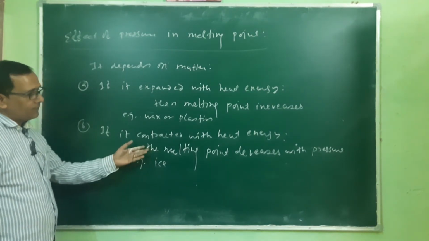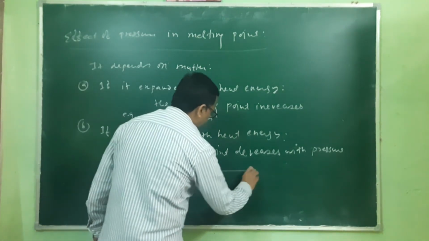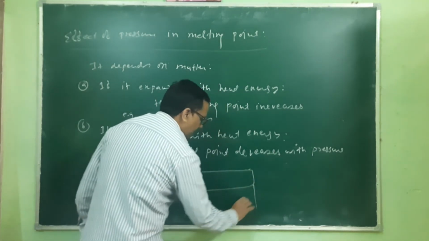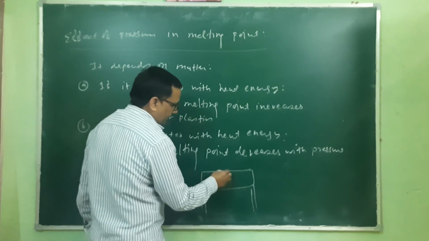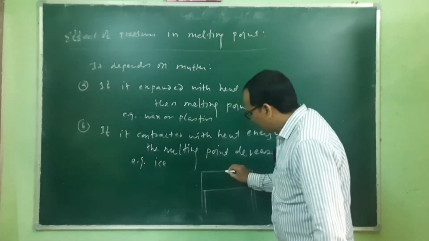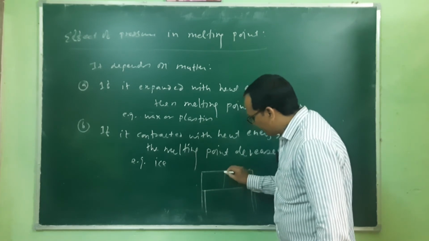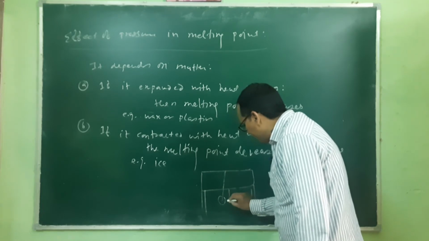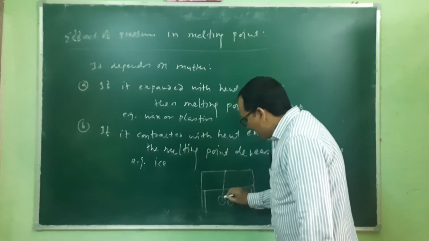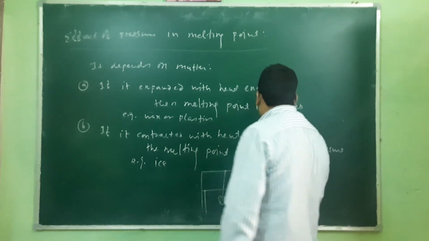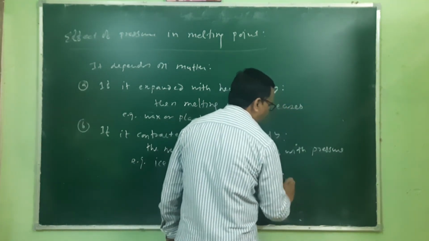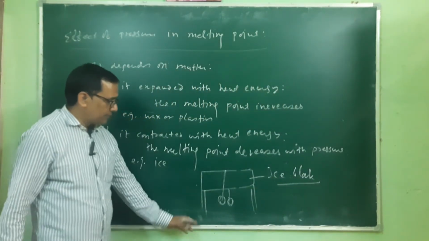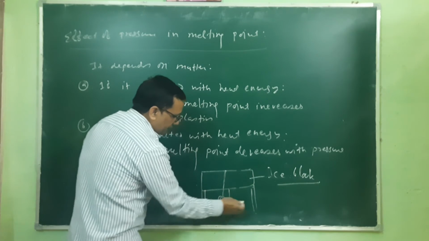So a good example of this second one is, if we have one ice cube placed in this type of stand, and we hang a load by using two sides of string. So this is the load, and this is the second load. This is the ice cube, ice block kept on the table, and this is the empty space.